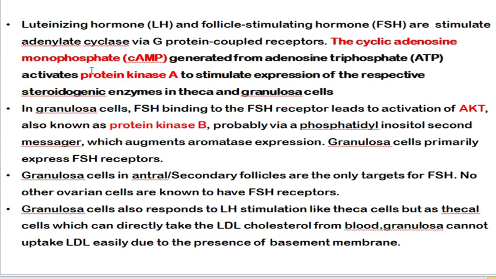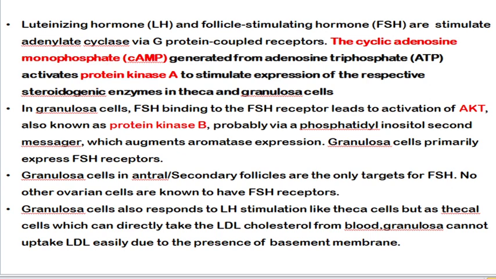The cyclic adenosine monophosphate generated from ATP will activate protein kinase A in order to stimulate the expression of the respective steroidogenic enzymes, like the enzymes that are required to make progesterone and estrogen.